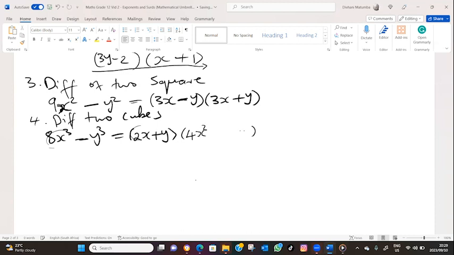Then on the last number of the expression, again, y to the power of 3 divided by y. It will give you y squared. Then what do we put in the middle? Now, in the middle, you have to multiply these two.